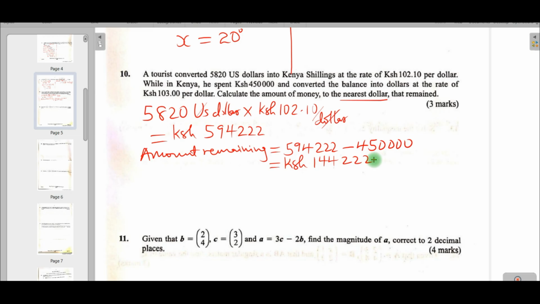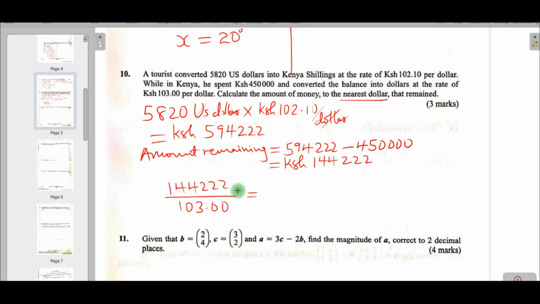Now, again, he converted the amount that remained, that amount to dollars now. So that is local currency to foreign currency, and therefore we are going to divide. So we have 144,222 divided by 103.00.